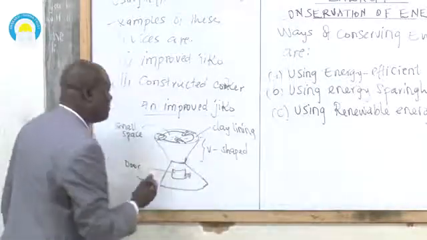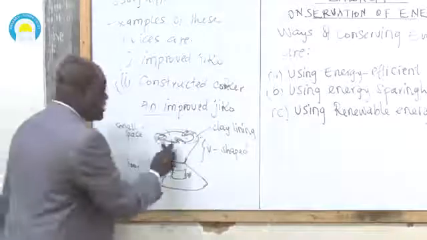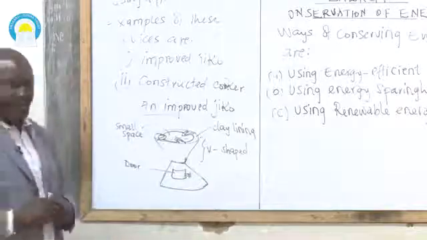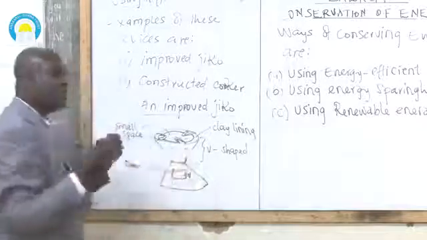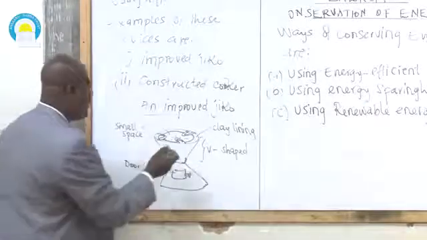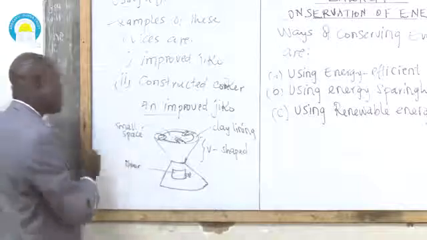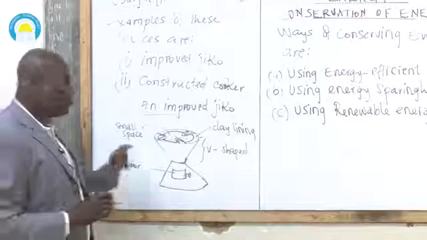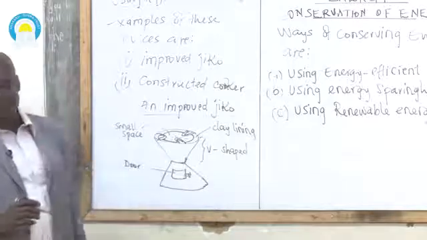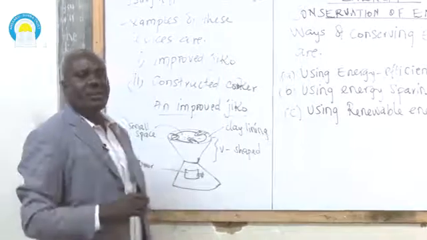Then the V-shaped or wedge-shaped part assists to collect the charcoal together. When the charcoal is burning, it will just be brought down without you shaking, so the problem of shaking is not there. Then the small space conserves energy by using a small amount of charcoal, so it assists to conserve the forest.